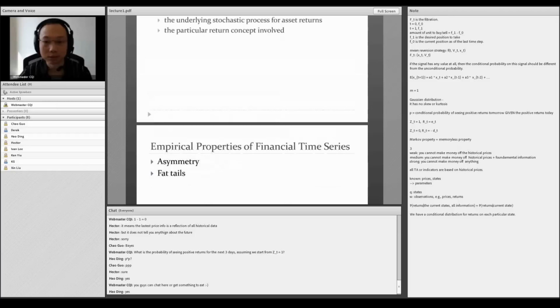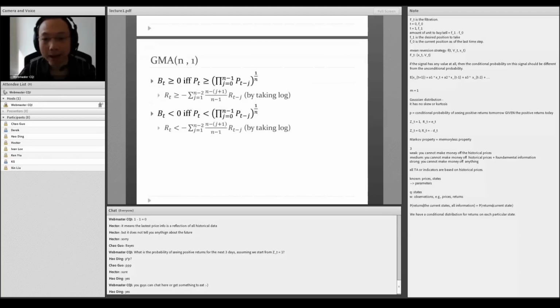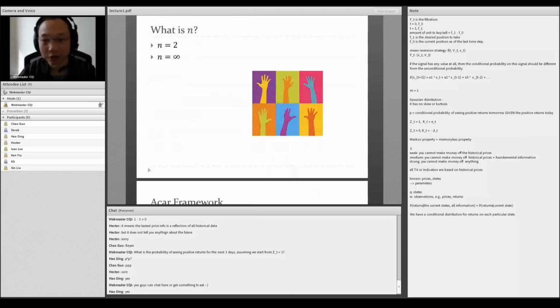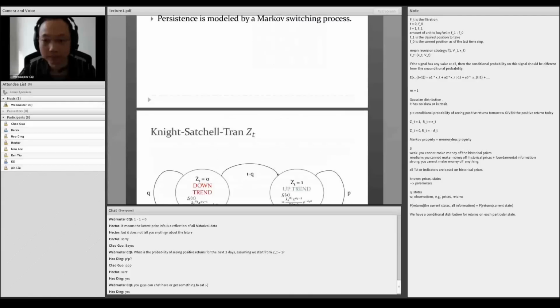When n equals 2, this term goes to 0, right? You're summing from j equals 1 to 0, meaning you're not summing anything, so the right-hand side becomes 0. So the strategy is, when n equals 2, you buy when R_t is bigger than 0, and you sell otherwise. When R_t is bigger than 0, we have positive returns, which means that going back to the Markov chain, we are in this state.